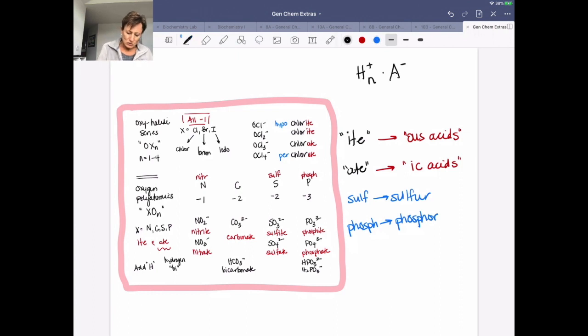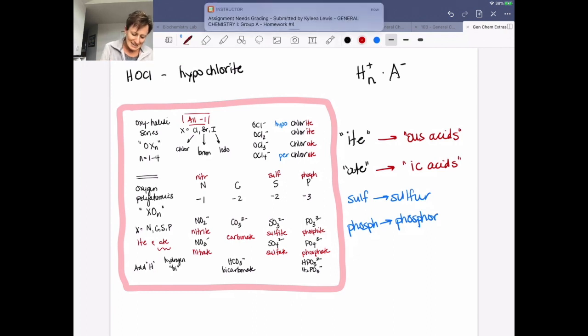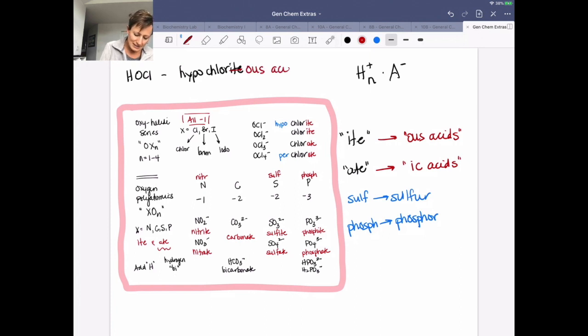All right, so let's go through and grab a few randomly to try. So let's take OCl, hypochlorite. If we put a hydrogen with that, we'd have HOCl. That came from hypochlorite. So what we do is that ITE is going to go away, and it becomes OUS, and then we add the word acid at the end.